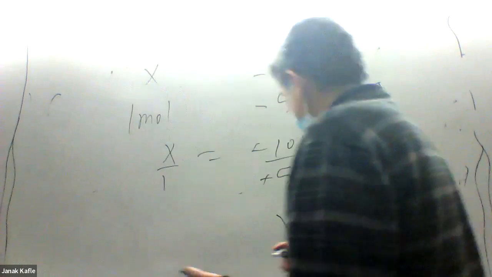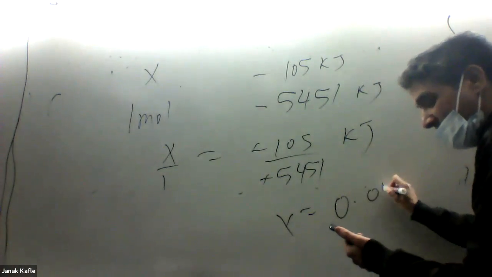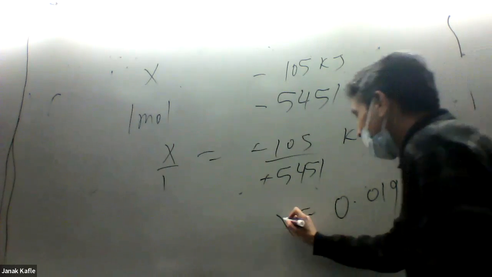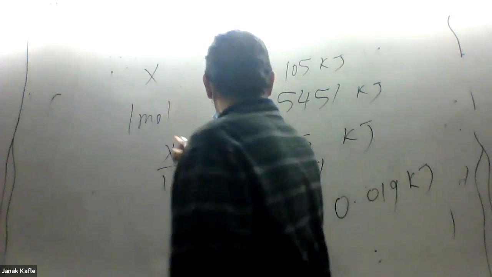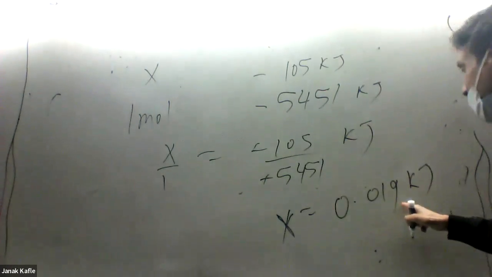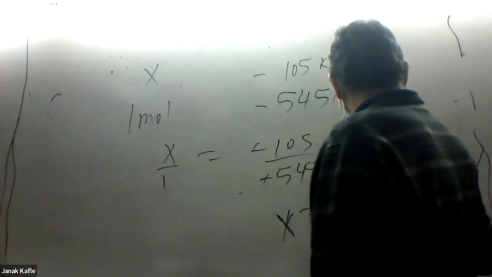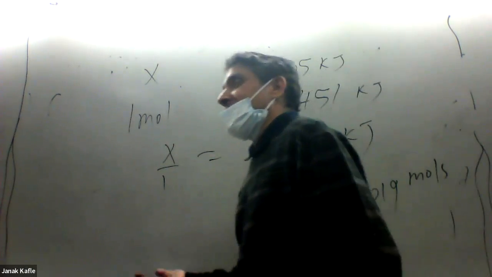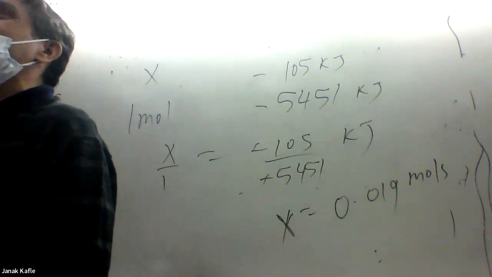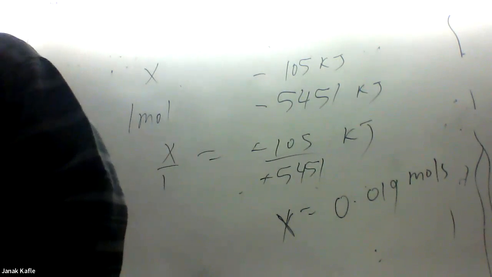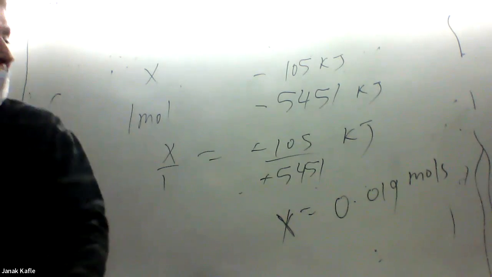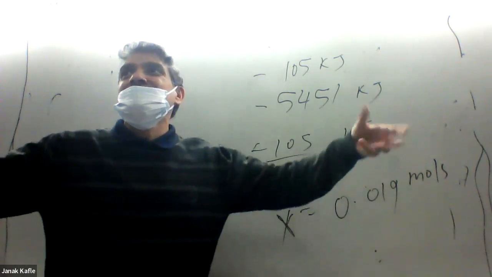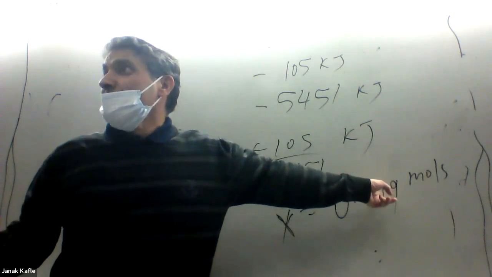That is 0.019 moles. I need that many moles to get that much heat. You see that? Now they're asking how many grams we should burn, because we don't have a balance to measure the mole, right? I cannot measure 0.019 mole in the laboratory. I need to measure that in grams. So convert that into gram.